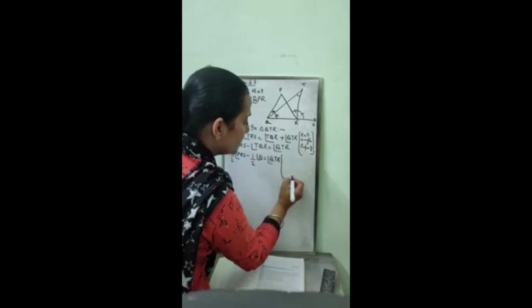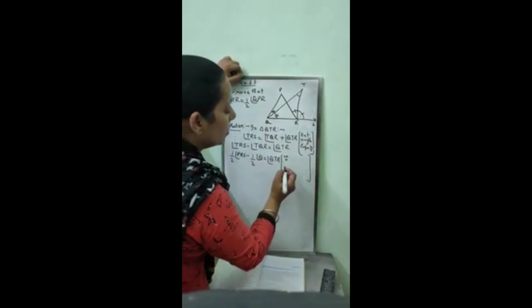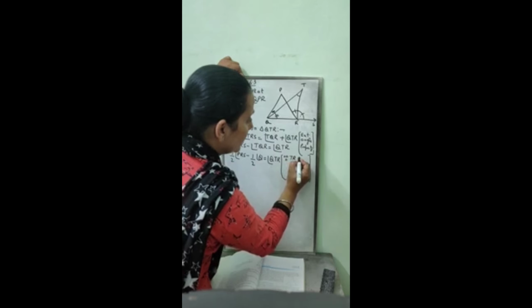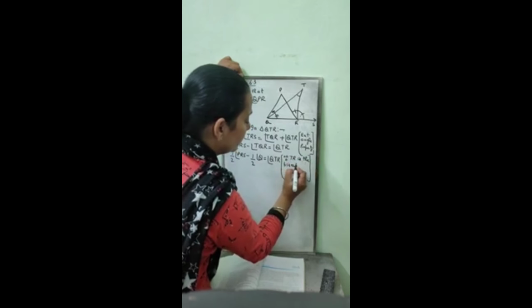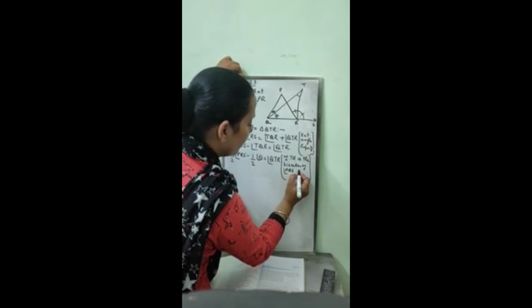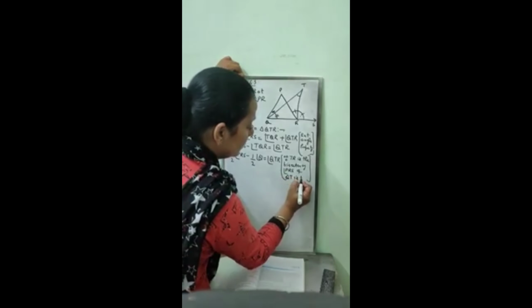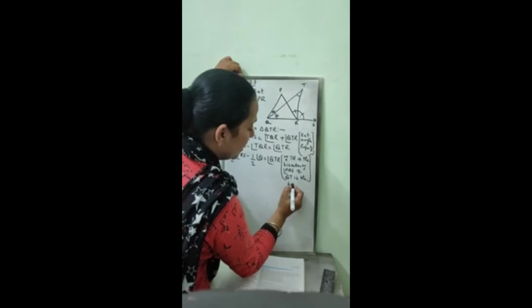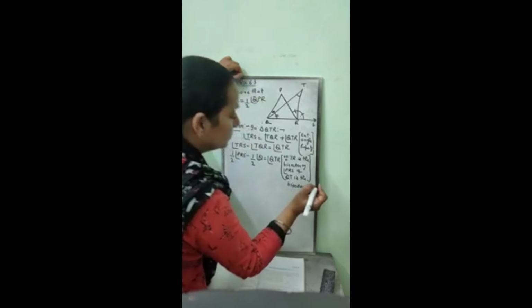We are giving the reason because TR is the bisector of angle PRS and QT is the bisector of angle Q. Right?